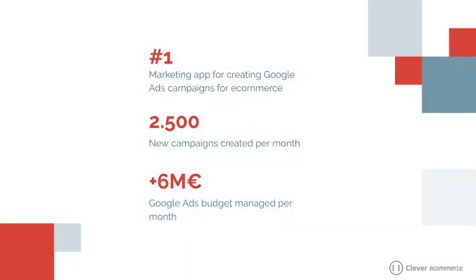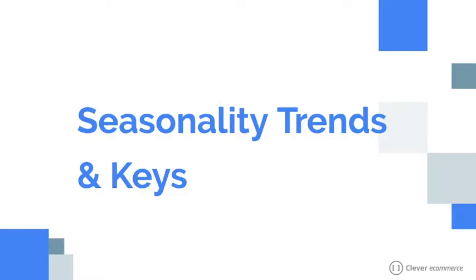We're the first marketing app for Google Ads campaigns for e-commerce. We're a Google partner. We create around 2,500 new campaigns per month, and we manage a budget of about 6 M per month.